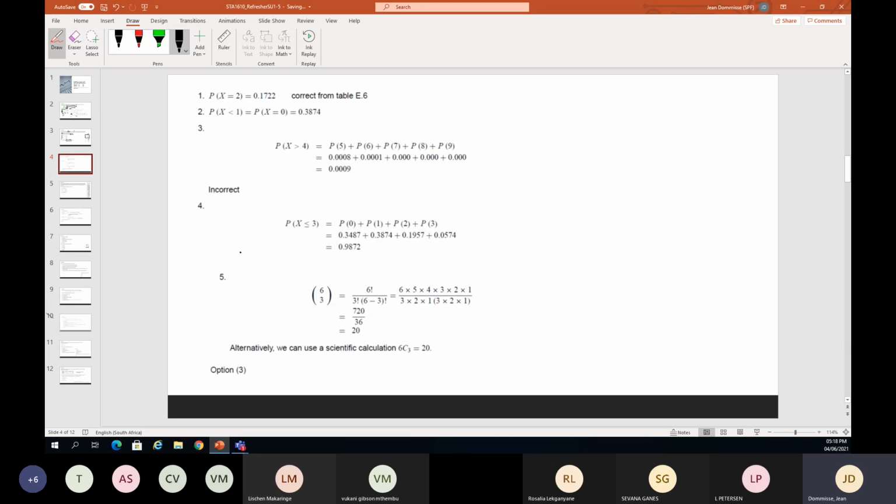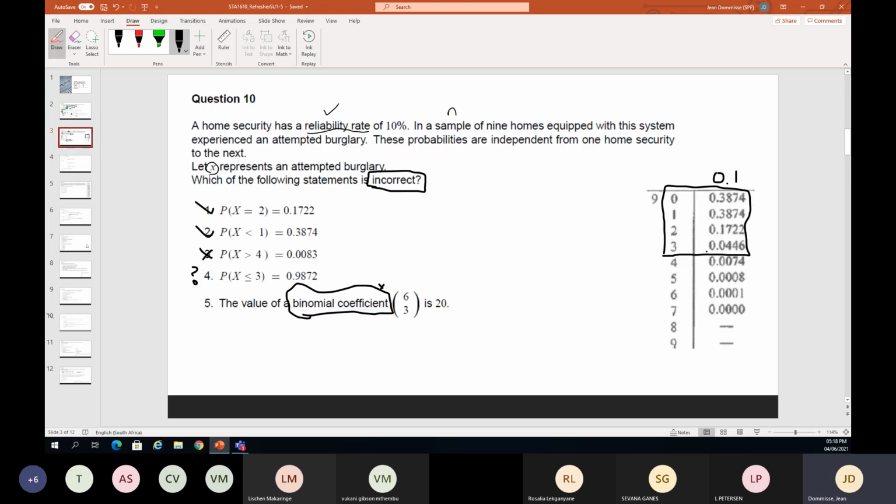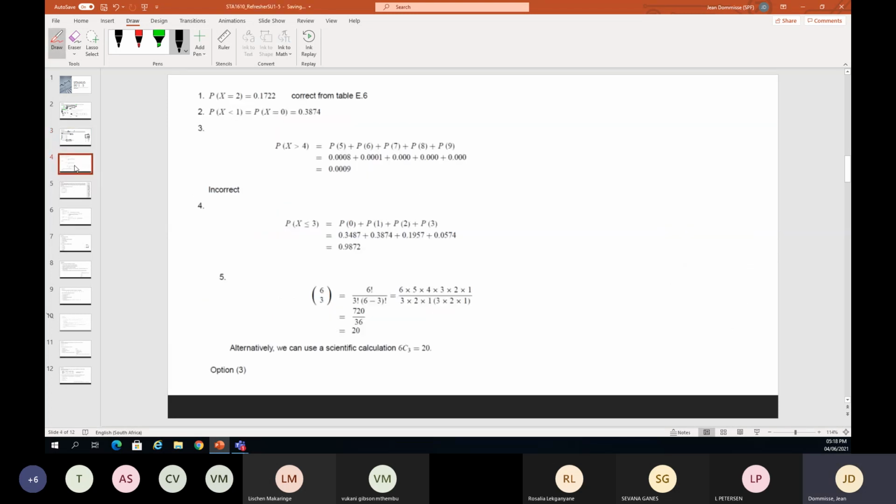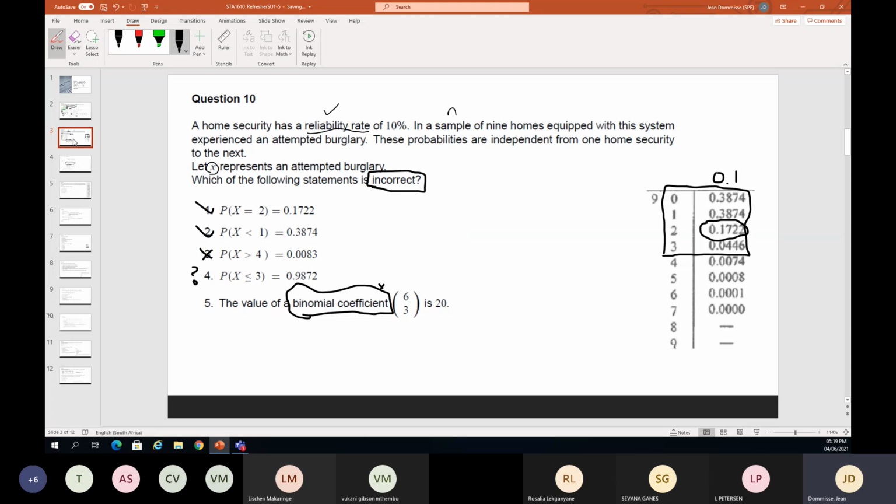Okay, so let's just quickly see what was different here. So that value is different. They used the wrong values for this one. Because the first one is correct.